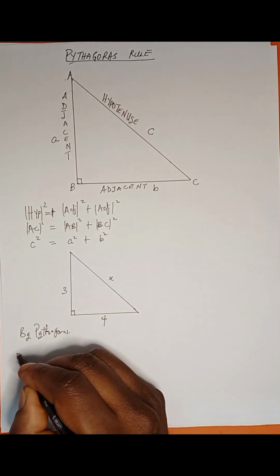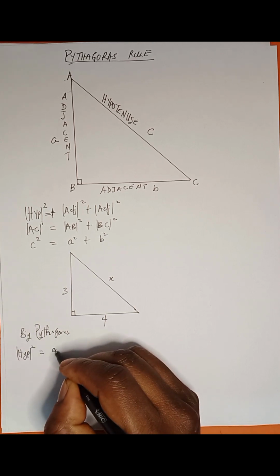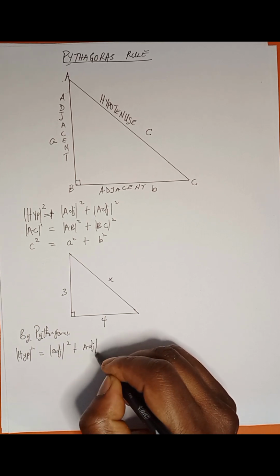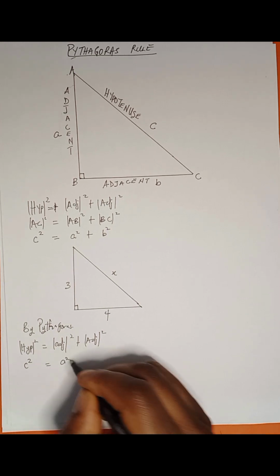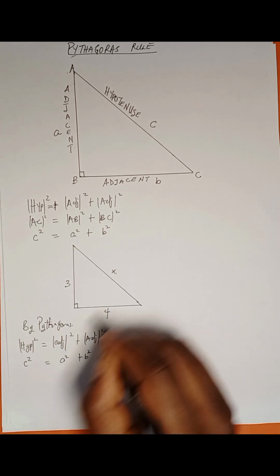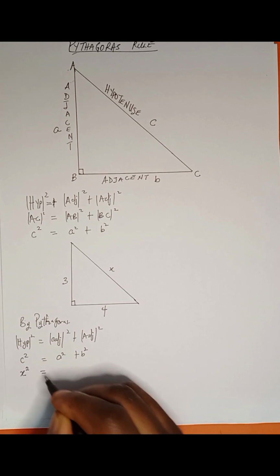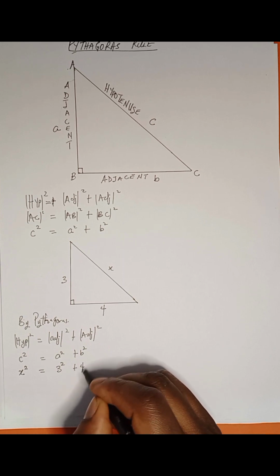By Pythagoras, we know that hypotenuse squared is equal to adjacent square plus the adjacent square, which is C squared is equal to A squared plus B squared. In this case, what represents our C is x. So x squared is equal to A, which is 3 squared plus 4 squared.